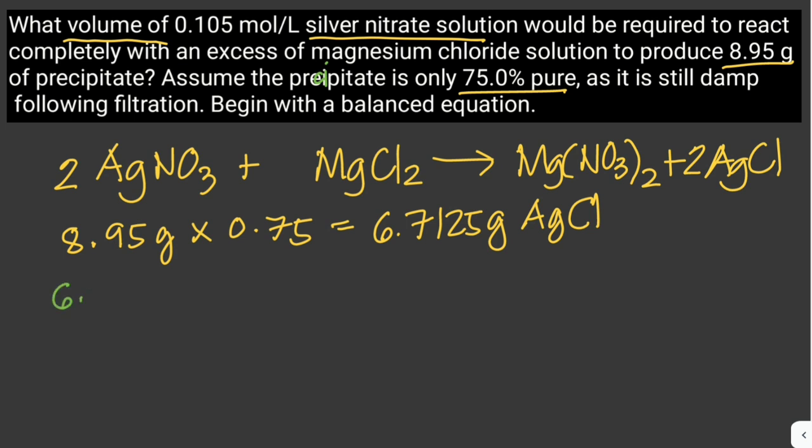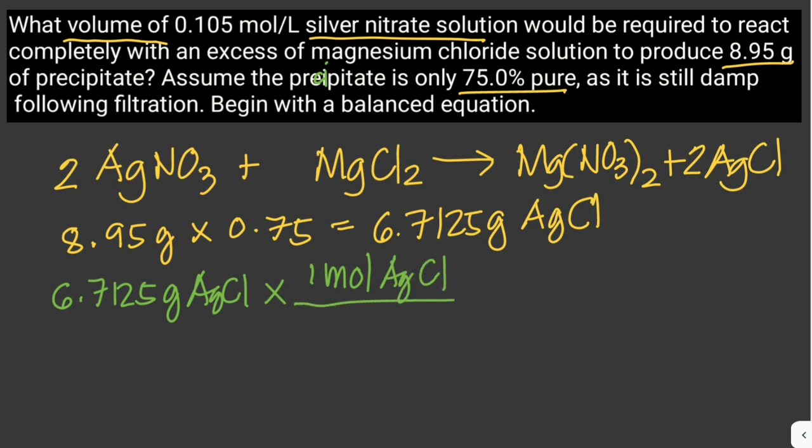That is 6.7125 grams silver chloride. We multiply this by the molar mass, so 1 mole of silver chloride per 143.32 grams of silver chloride.